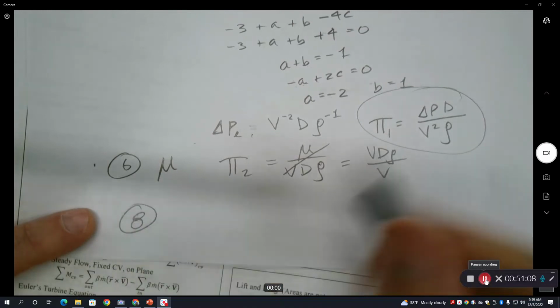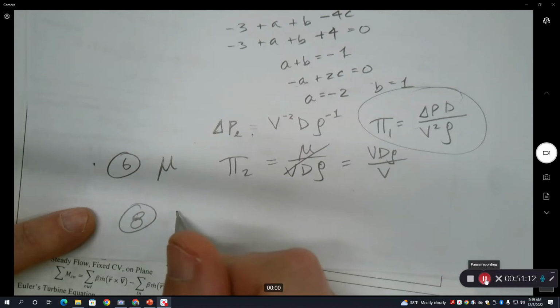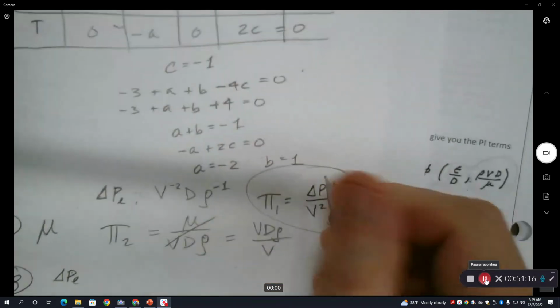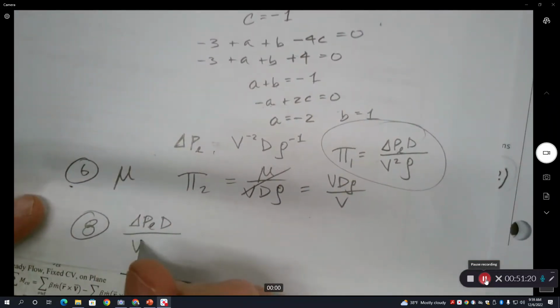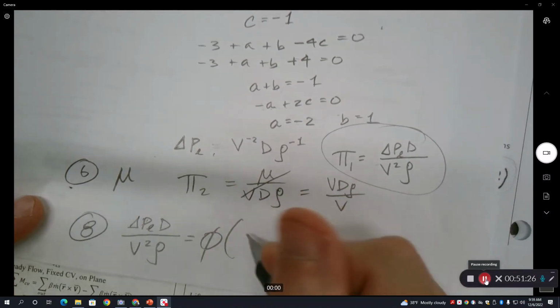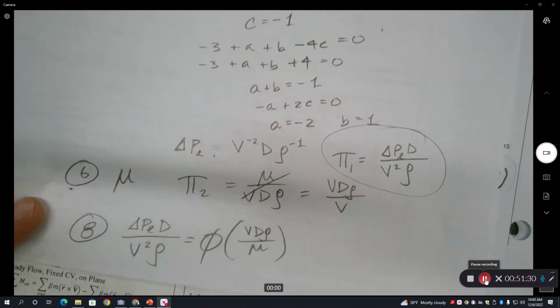So let's just go ahead and assume that I did the dimensionless check on there. But the big idea is to say that delta p, that's supposed to be an L right there, D divided by V squared over rho is a function of VD rho over mu, right there, right?